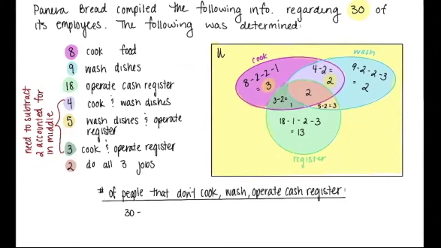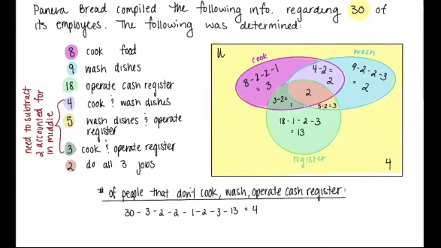So that's the 3, 2, 2, 1, 2, 3, and 13. So from 30, we're going to subtract all of those quantities. The 3, the 2, the 2, the 1, the 2, the 3, and the 13. And if you do that, there are 4 people we have unaccounted for. So there are 4 people that fall outside of this region.